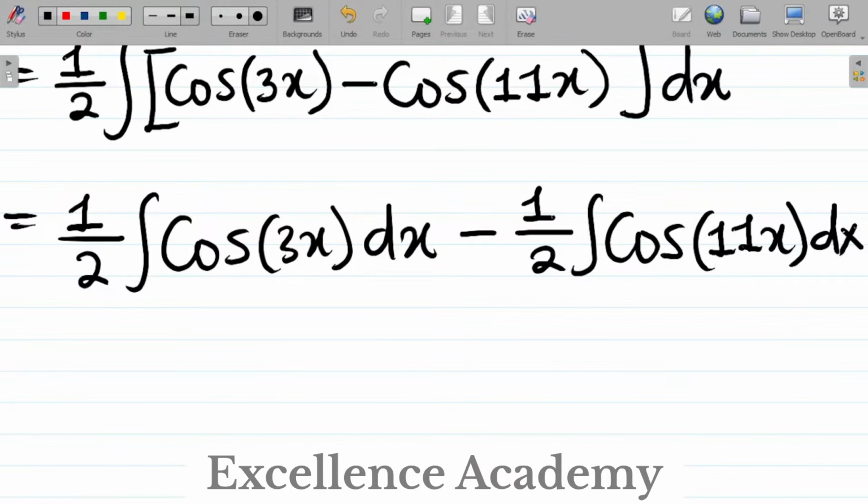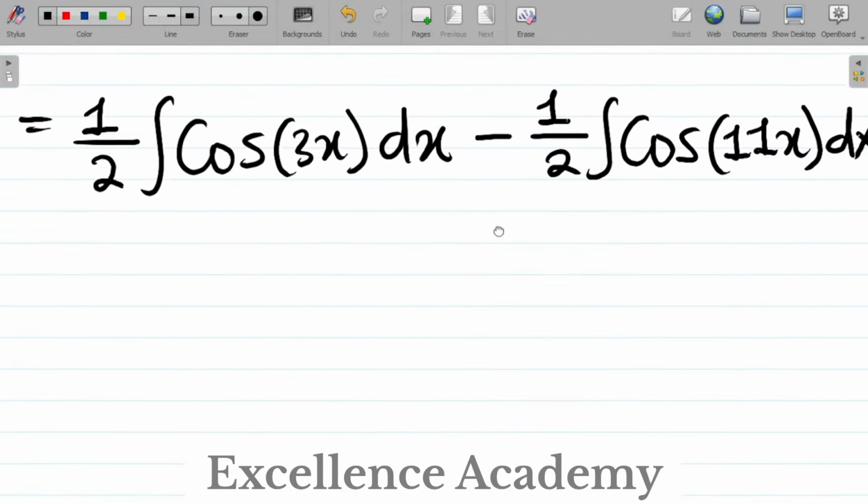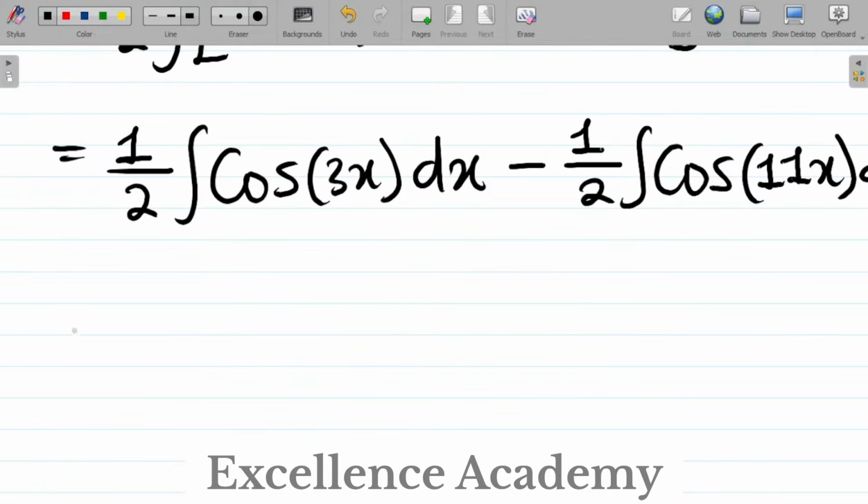All right, so how do you solve questions like this? When it comes to integrating cosine of 3x, there's a pattern to solve questions of this format, and the pattern is simple.